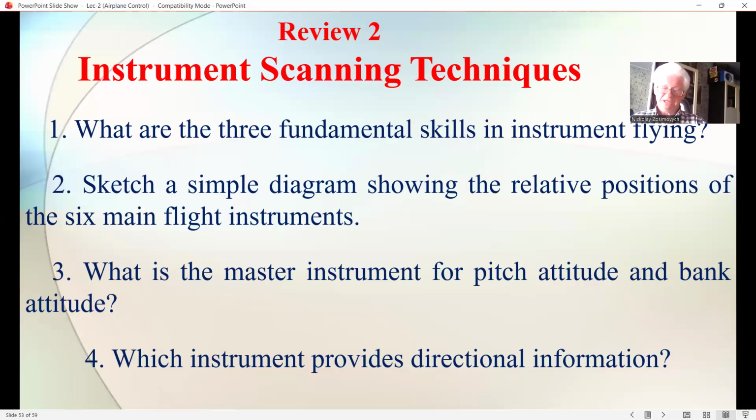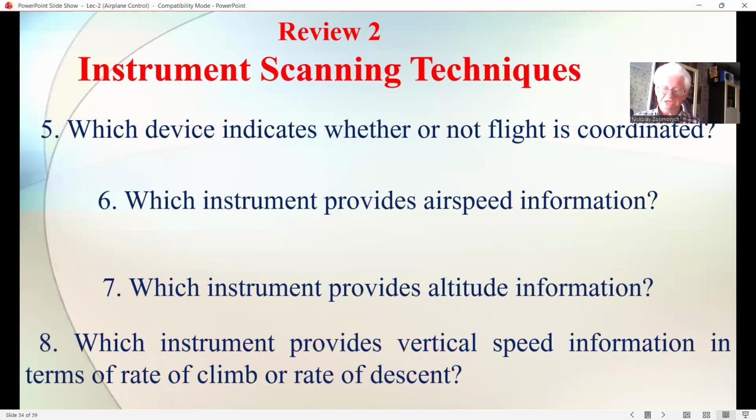Okay? Let's go on. Next question, number 5. Which device indicates whether or not flight is coordinated? Question number 6. Which instrument provides airspeed information? 7. Which instrument provides altitude information? 8.